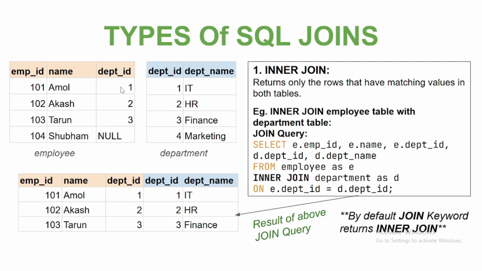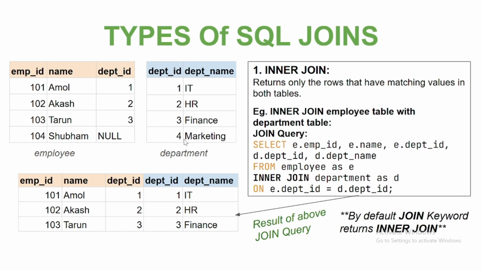Then department ID 2 matches department ID 2 in the department table, so that whole row came: 102 Akash to HR. And department ID 3 is there in the department table, yes, so that row came. Then null, is there any department with null? No, we don't, so that row didn't come.